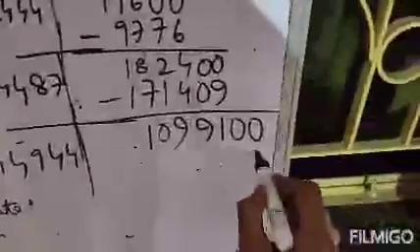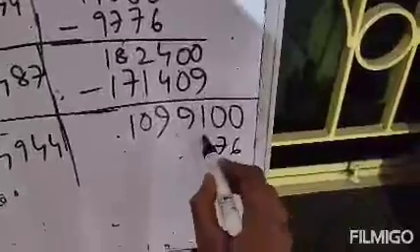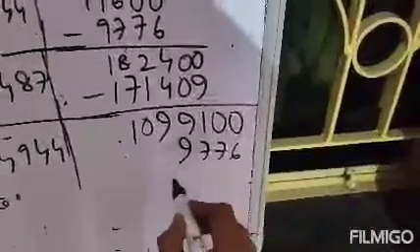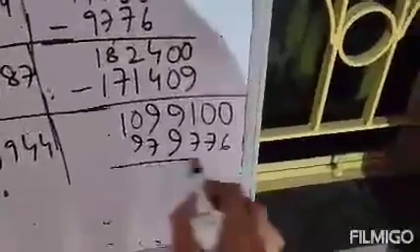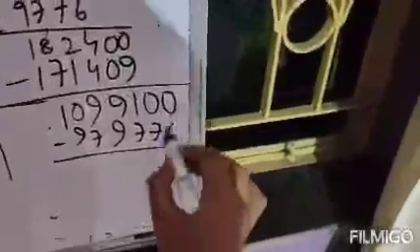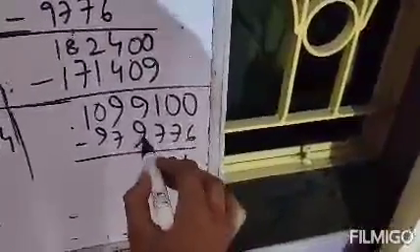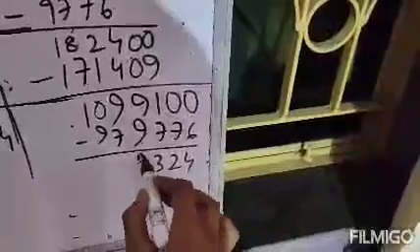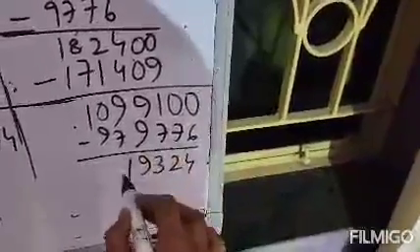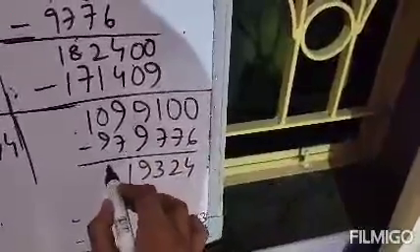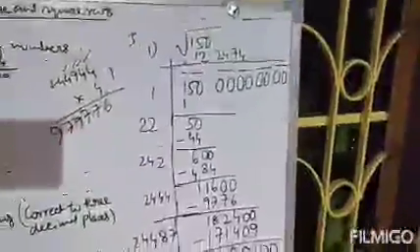So 9 7 9 7 7 6. So 119324. Therefore, your answer is 12.2474.